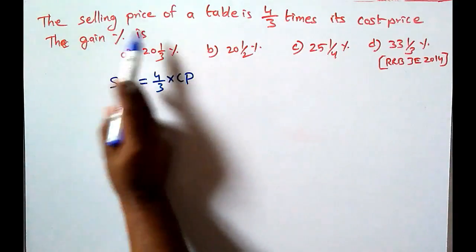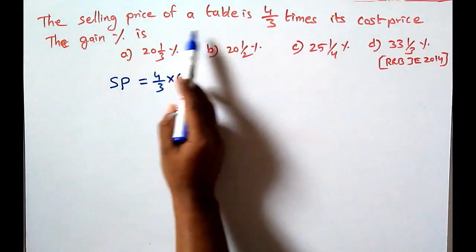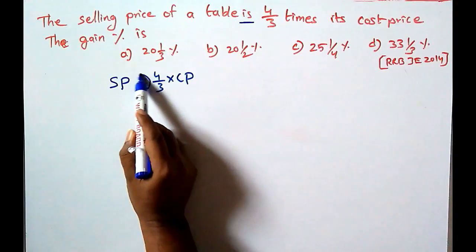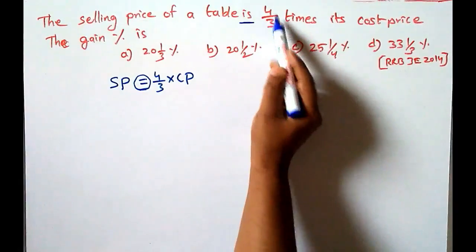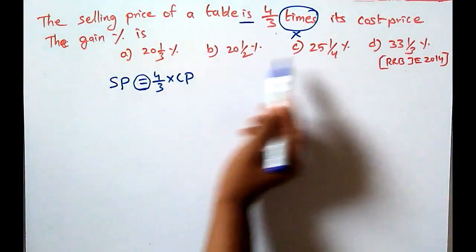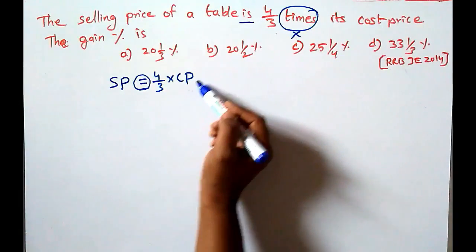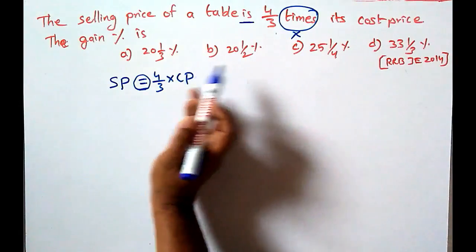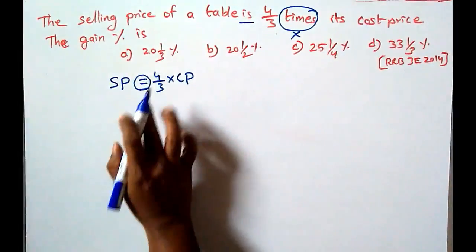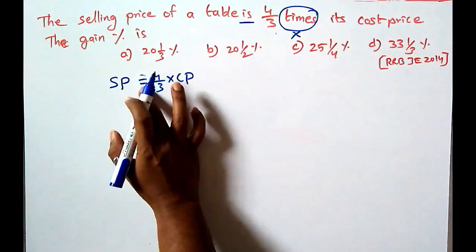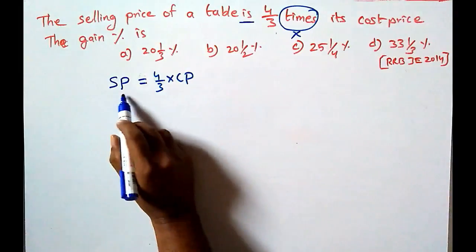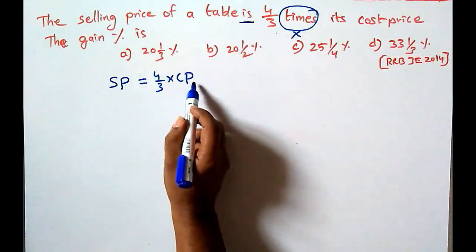See, the selling price SP of a table is, wherever there is 'is' I have put the equal to, and wherever 'times' I have put into the cost price. This is the way you have to develop your skills, friends. While reading the question itself, you have to have the habit of writing the equation. So SP is equal to 4 by 3 into CP.